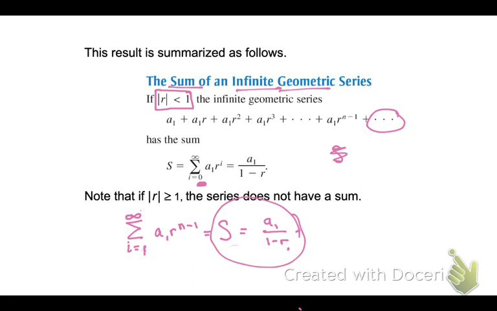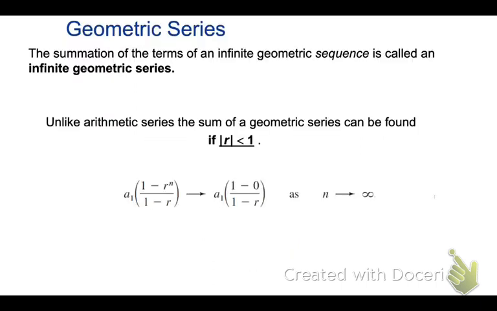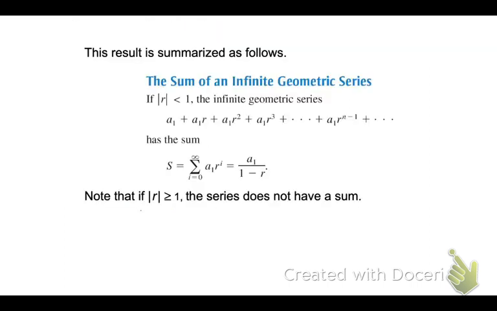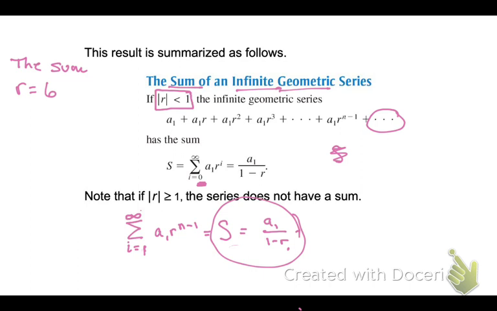The absolute value of r is less than 1, you can do it. If I ask you for the sum, and r is 6, the sum means everything, yes? And my list went whatever, whatever, whatever, plus dot, dot, dot.